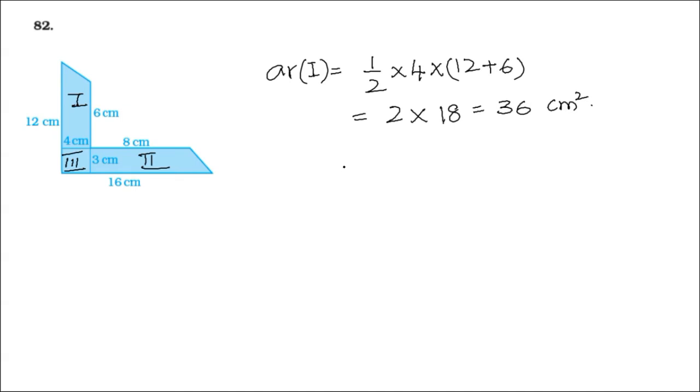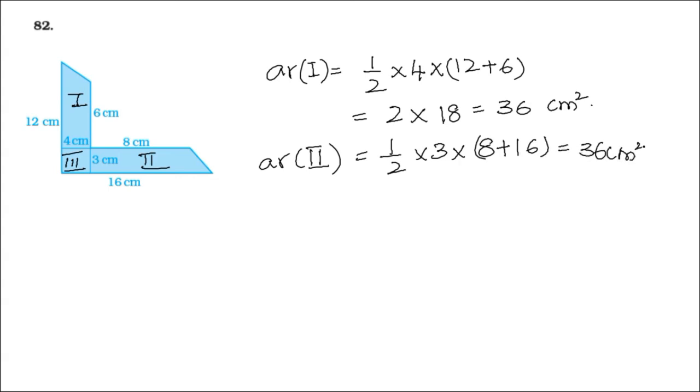Then we can find out area of part 2. This is half into height is 3. Sum of the parallel sides is 8 plus 16. 8 plus 16 is 24. Divided by 2 is 12. 12 3 times is again 36 square centimeter.